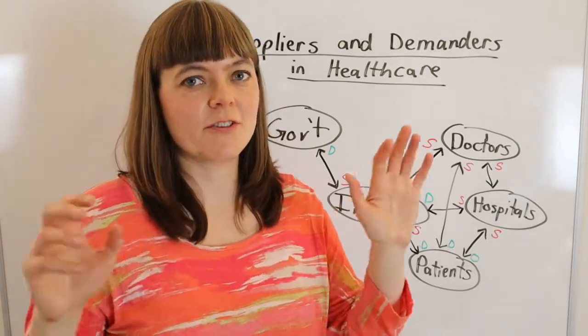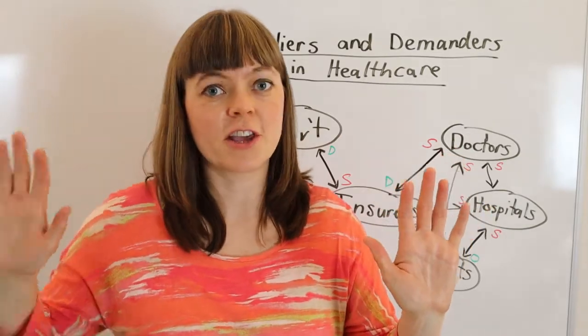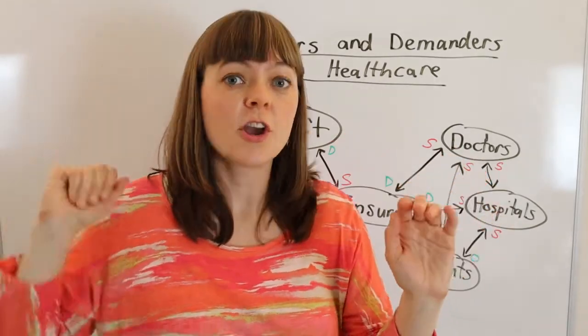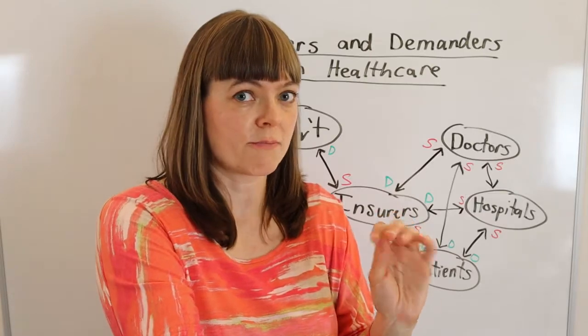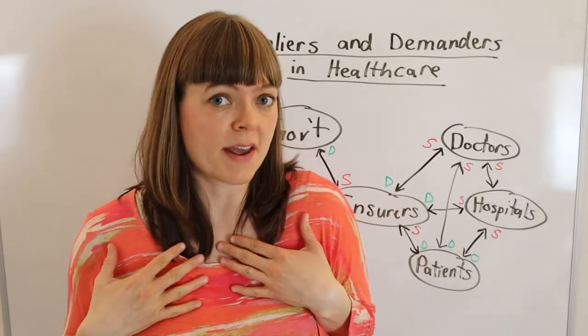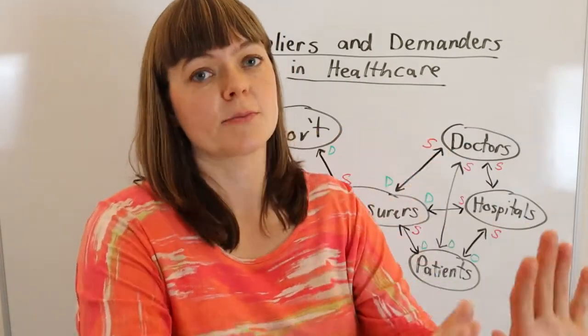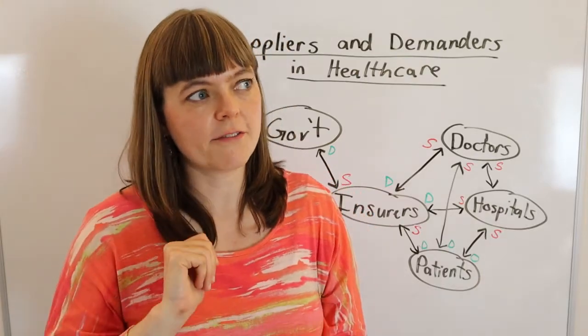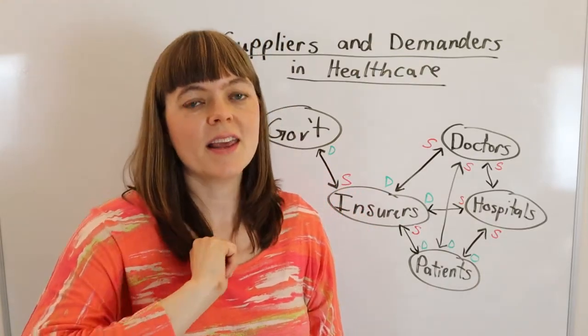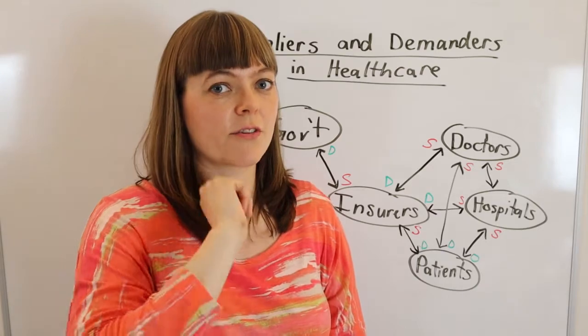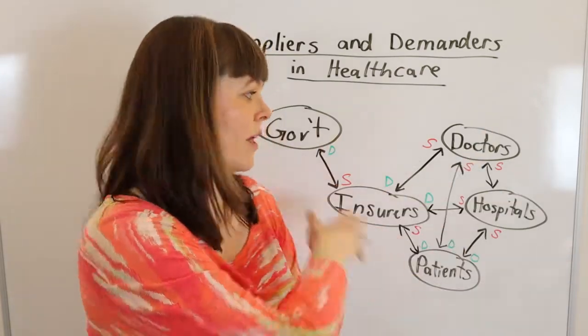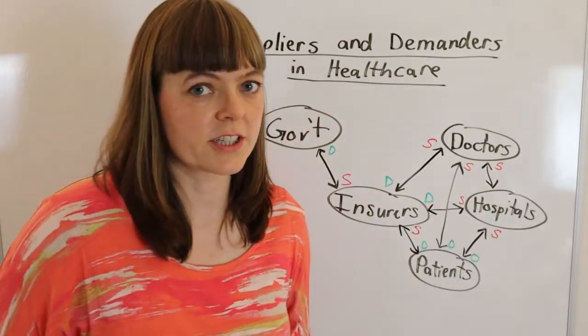Think about a classic supplier and demander, like you going to the grocery store: you pay the grocery store money for your food, you are the demander, they are the supplier, they're supplying you with groceries. So money exchanging hands goes from the demander to the supplier, and that will help you figure out these relationships.